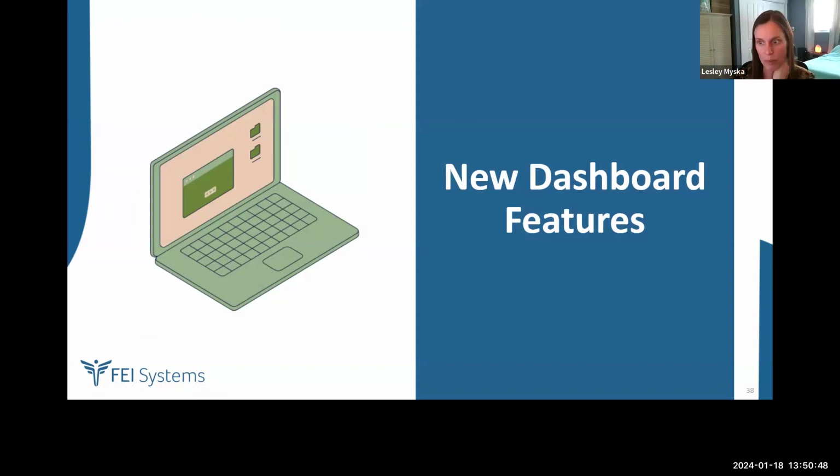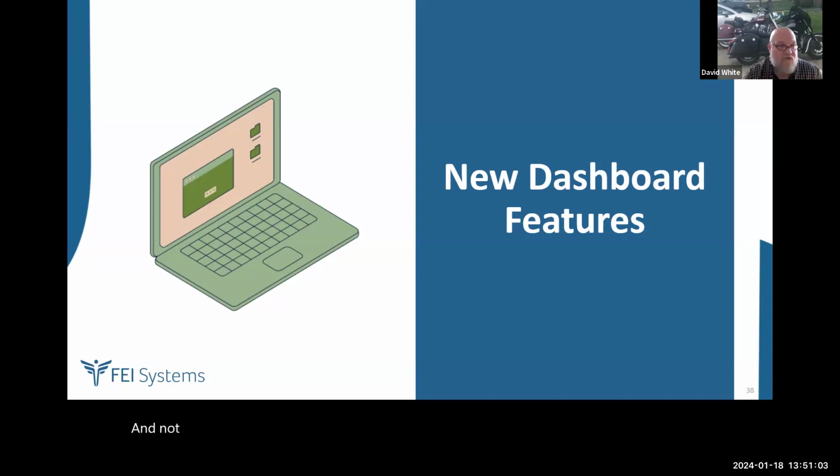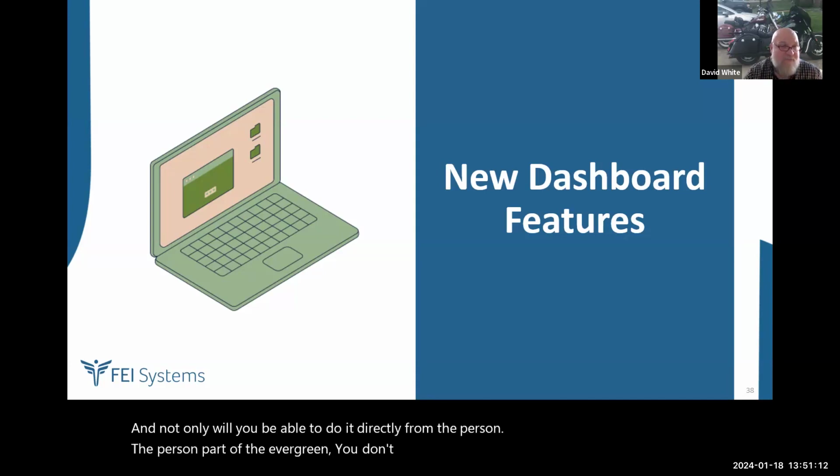But yeah, they'll be able to view pretty much all of those and also person progress notes. So you'll have access to view a lot more stuff now that EIS functionality is coming in here. And not only will you be able to do it directly from the person part of the Evergreen, you don't even have to go to a new program.